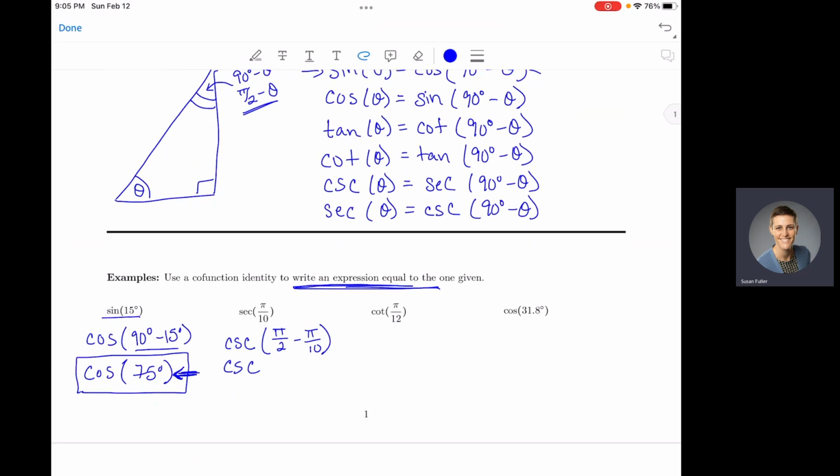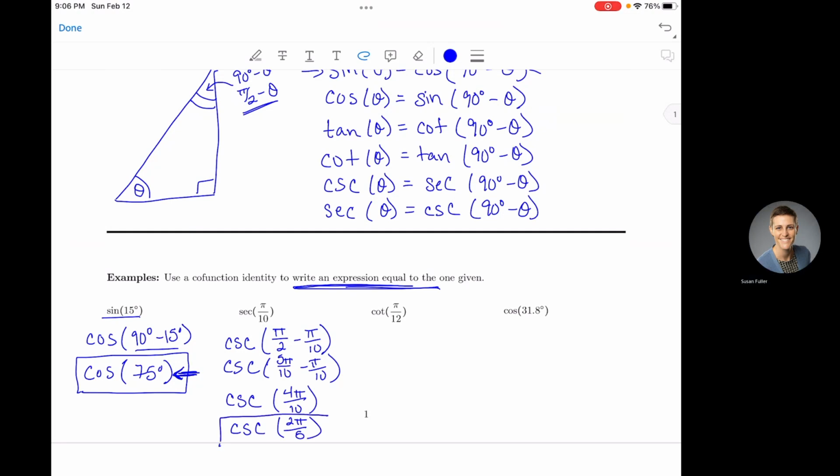So I'm going to have the cosecant of 5 pi over 10 minus pi over 10. This is going to be the cosecant of 4 pi over 10. I can simplify that a little further. This is going to be the cosecant of 2 pi over 5. That's the expression that we are looking for.